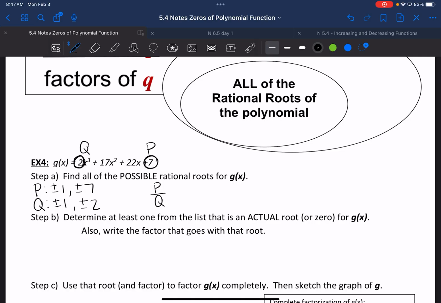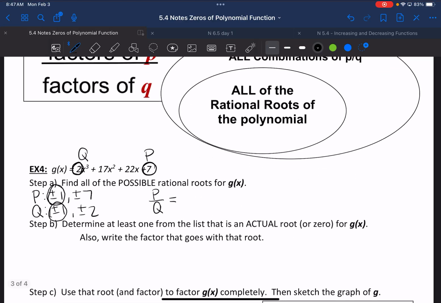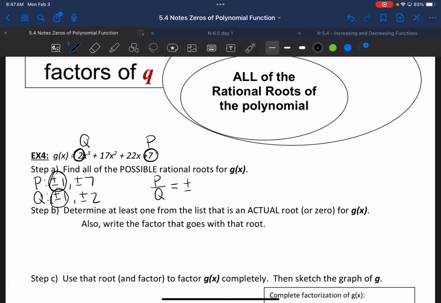Okay, so we will just make all the possible combinations we can. So I'm going to start with P. The first value we picked was positive or negative 1, right? And the first value for Q was also positive and negative 1. Well, if I divide 1 by 1, it's just 1. So my first combination is plus minus 1, right? Because 1 divided by 1 is 1. We wouldn't leave it as a fraction. Okay?